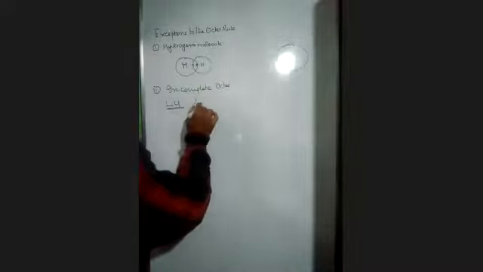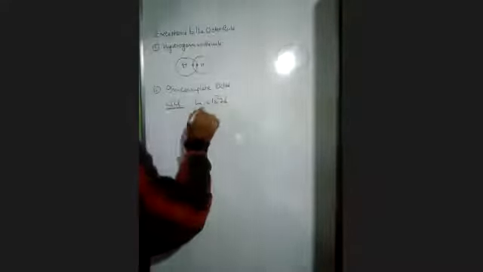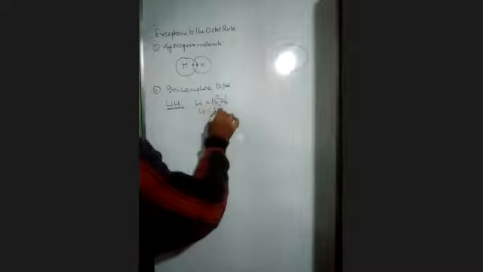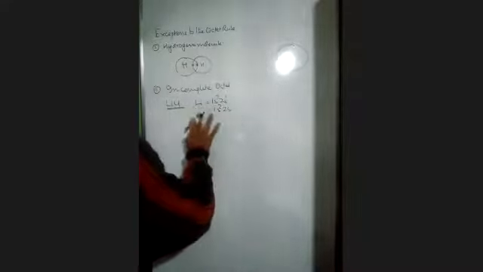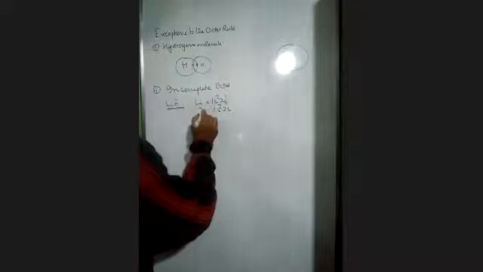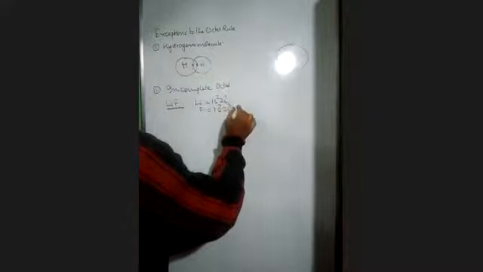What is the electronic configuration of lithium? Lithium is 1s2, 2s1. Let me write here chlorine, so as not to confuse you: chlorine 1s2, 2s2, 2p5.